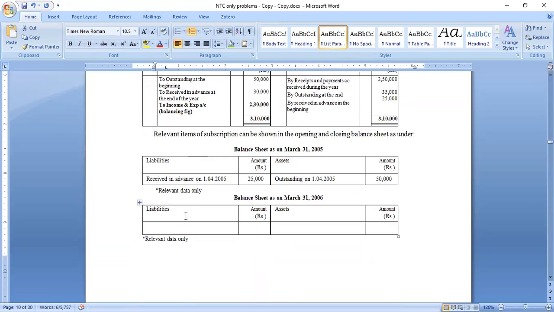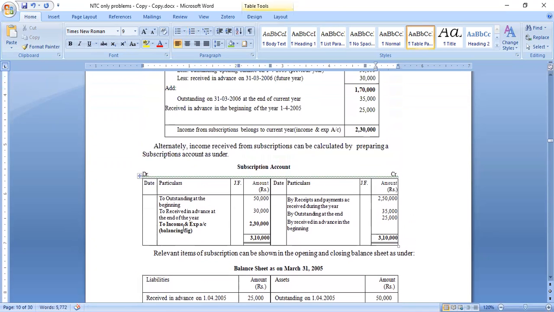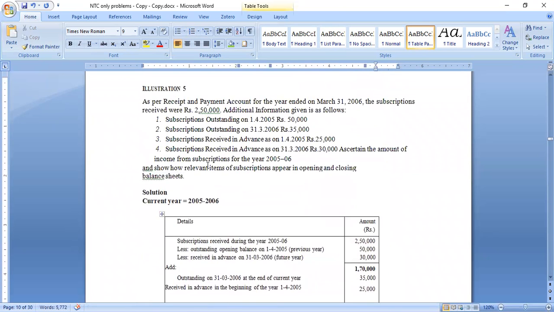It is a liability. So outstanding at the end of the year 2006, it is 35,000.